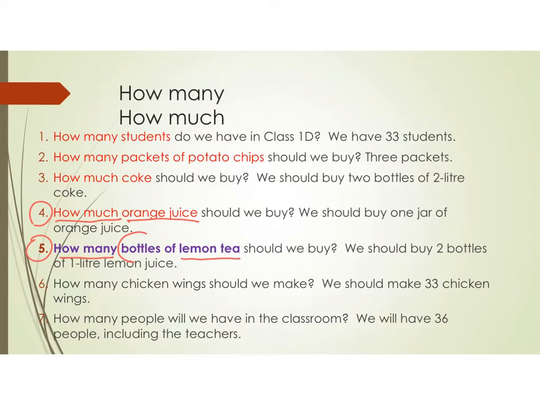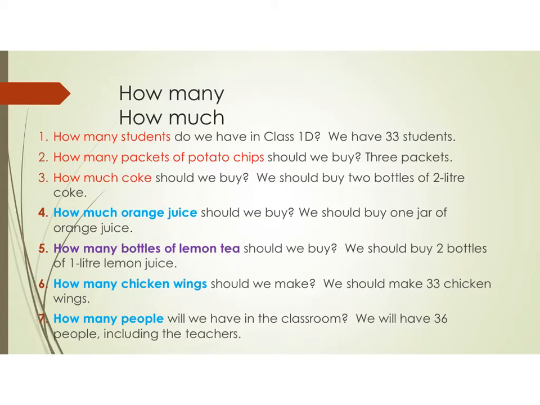It is the partitive 量詞 of lemon tea. So when we say bottles of lemon tea, we use how many. Miss Lai, then how about if we want to say lemon tea only? Yes, then we will just say how much lemon tea. Okay?